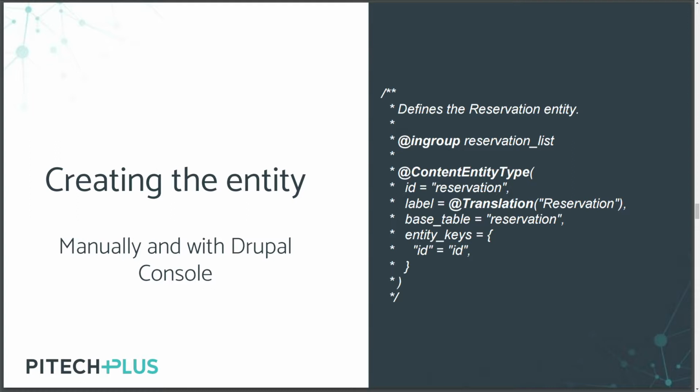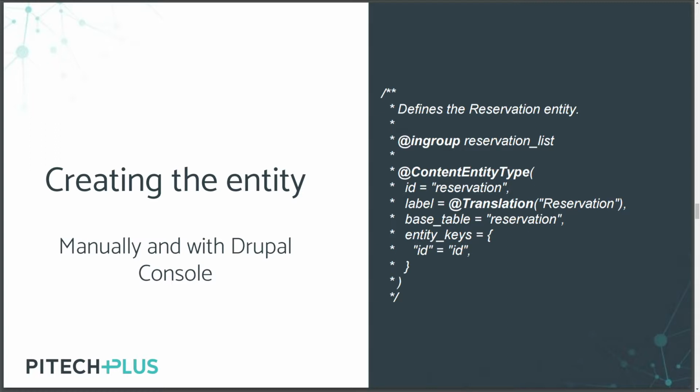In some places it actually uses those even if they are missing, and this means that your code might break in unexpected circumstances. So it's good advice to always have ID equals ID as an entity key in your content entity type definition. You can obviously add others later, but this one is very important.